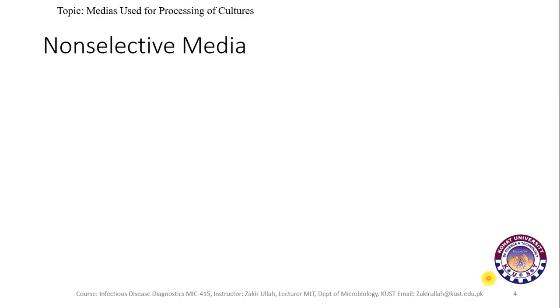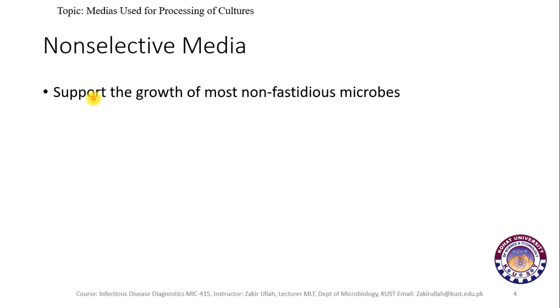The non-selective media is a type of culture media which is required to support the growth of those organisms which are non-fastidious. The non-fastidious are the type of microbes which do not require any specific media and any specific nutrients and food components for their growth and survival.